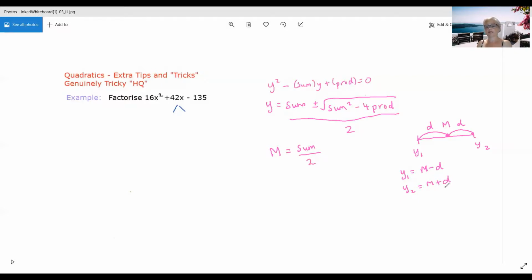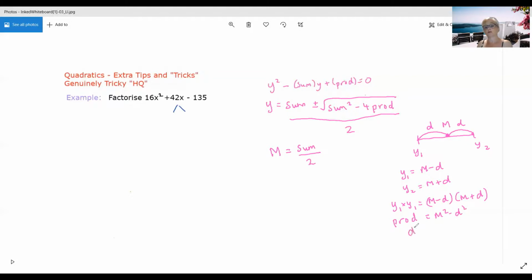Now let's have a look at this. If I multiply my y1 times my y2, I get m minus d times m plus d, which of course is a difference of 2 squares, m squared minus d squared. And this, of course, is your product.